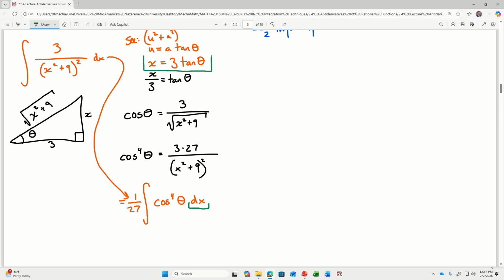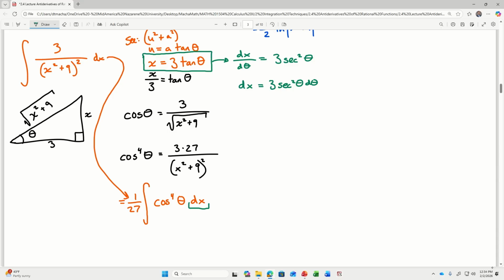If this is x, then the derivative of x with respect to theta is what? 3 secant squared theta. And so if I want to get rid of this dx, I need to replace the dx with 3 secant squared theta d theta.